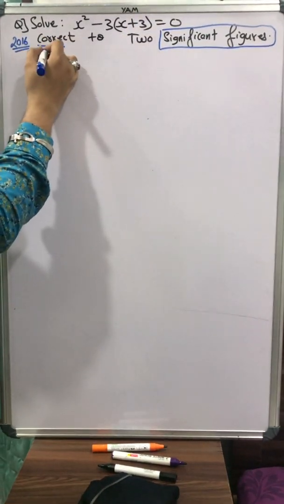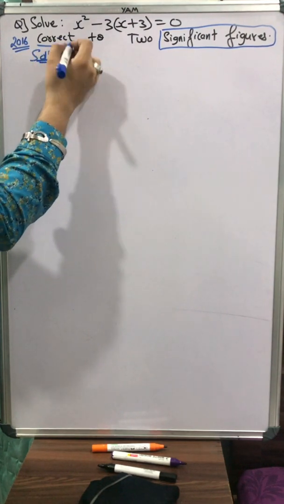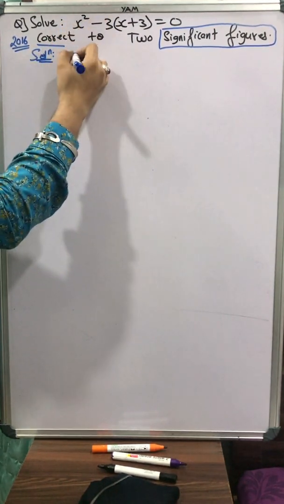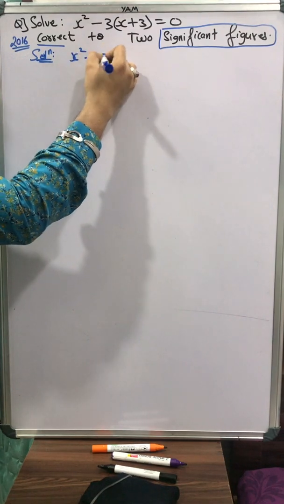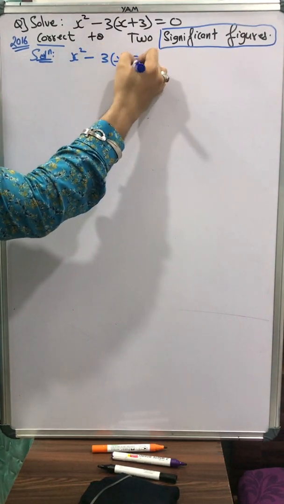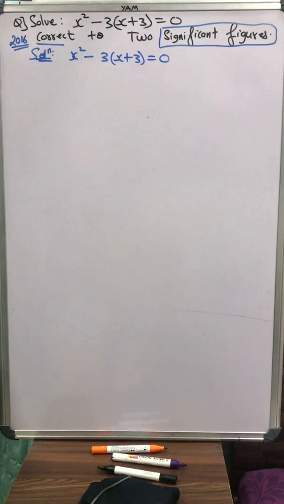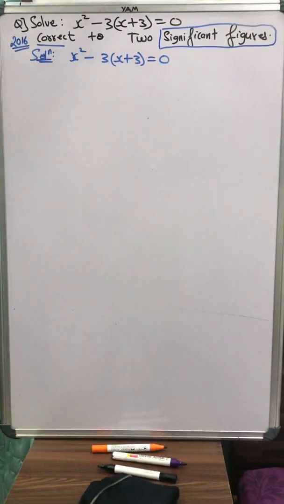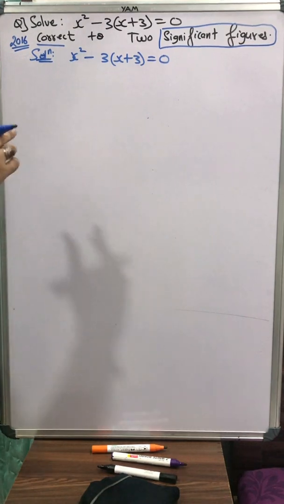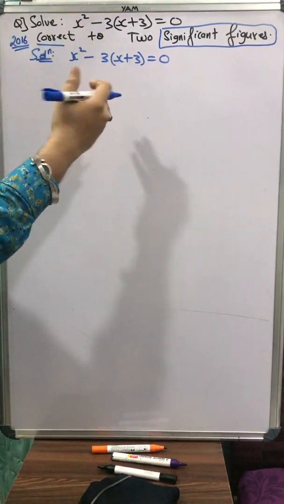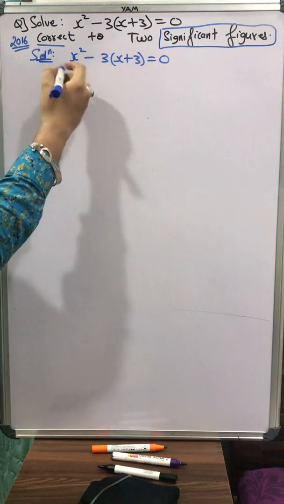Solution. In the solution part, the first thing I'll copy down the quadratic. X square minus 3 into x plus 3 is equal to 0. Okay. See, it's not in the form of quadratic. The form of quadratic is always ax square plus bx plus c. So I need to first evaluate a little bit.